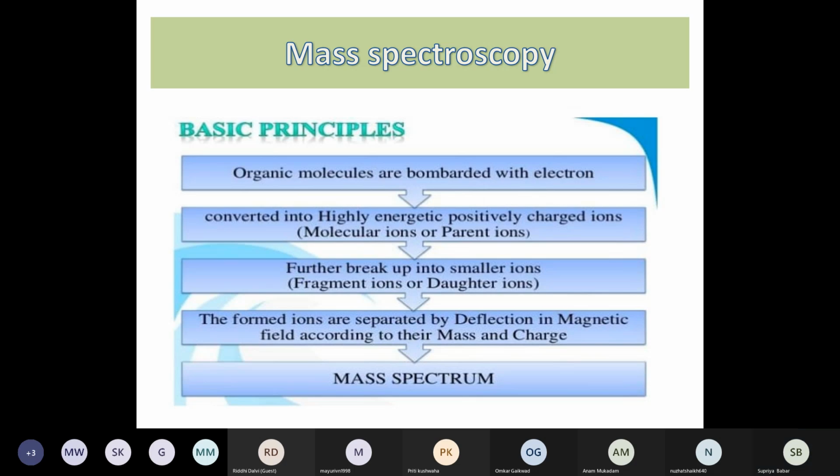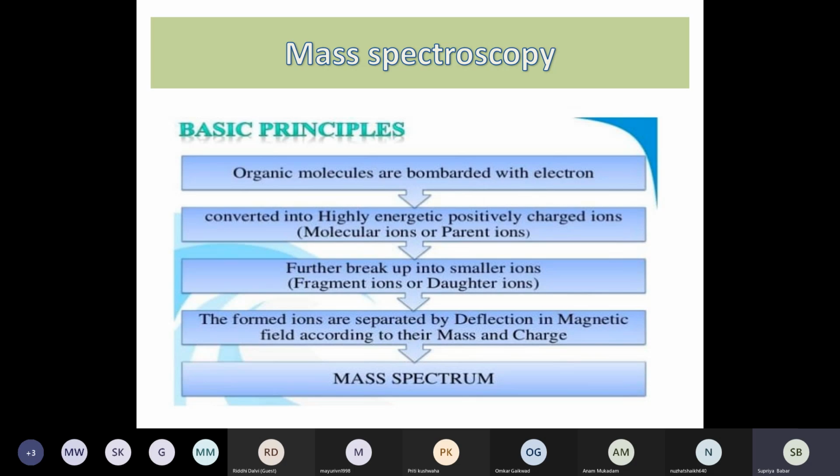It is excess. So that's why normally 70 electron volt energy is used.